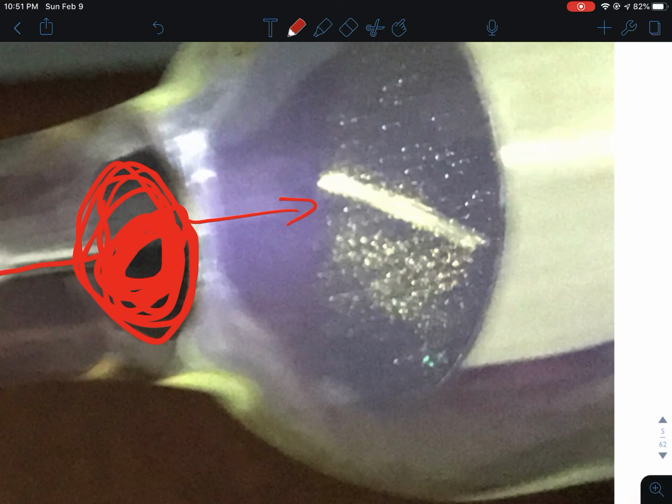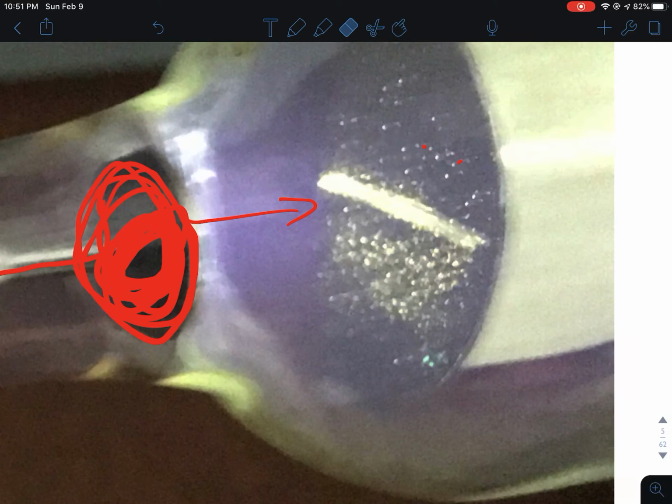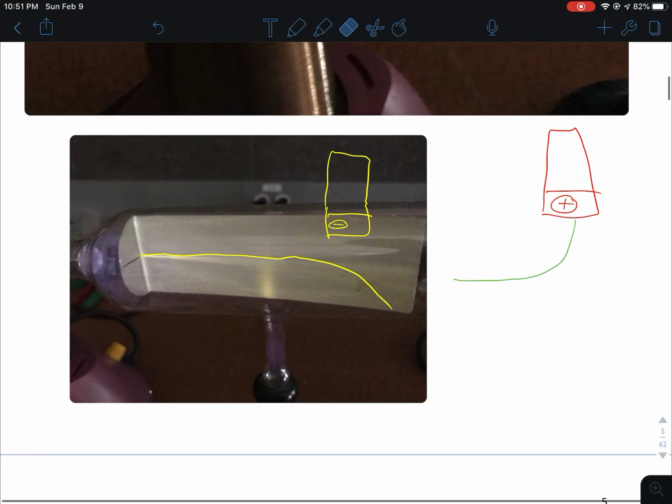This is beautiful if it is, but these might actually be the little electron impacts occurring here. The electrons impact all over this thing, and then some of those electrons will pass through the little slit in the side here, and we will see a beam fire out. And so that's what happened this week.